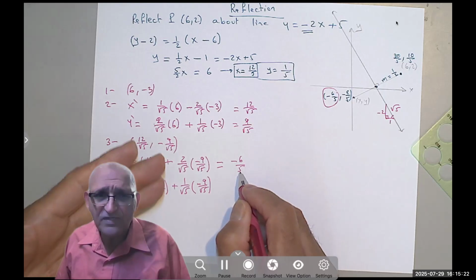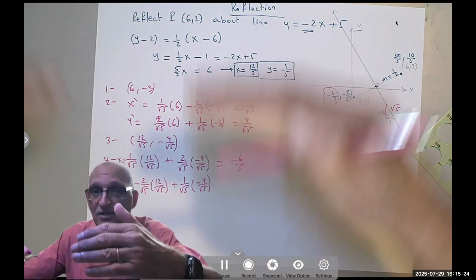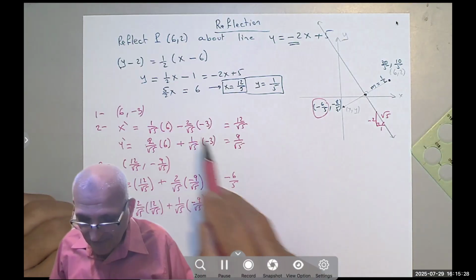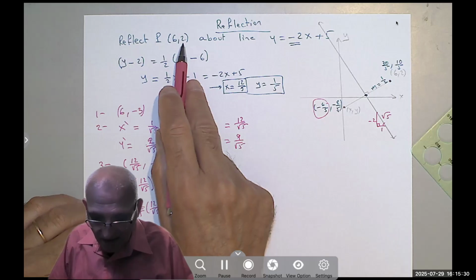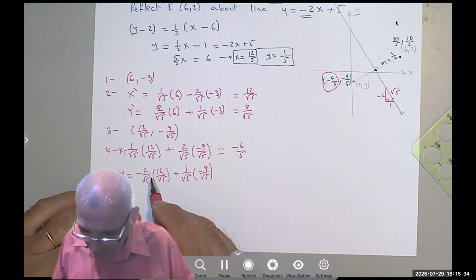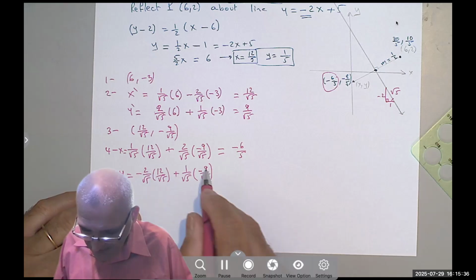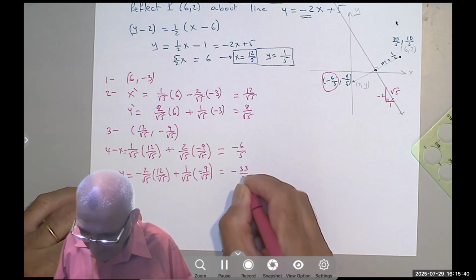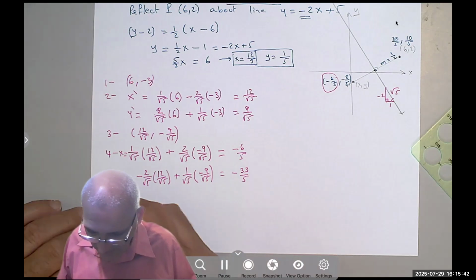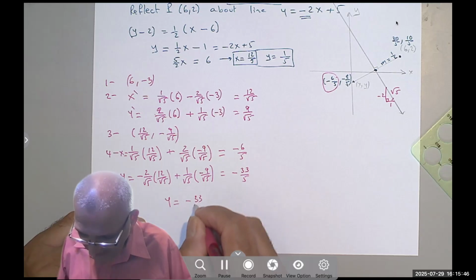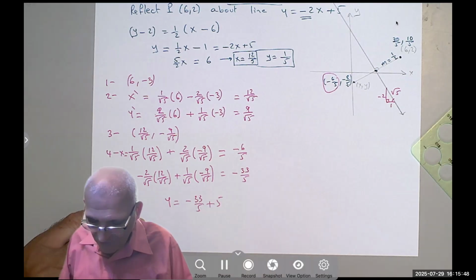Because we are not going to move the x, we are going to move the y, going to increase the y 5 units up because we decreased 5 units from the y in the beginning. Negative 24 minus 9 is negative 33 fifths. And finally, step number 5, the new y becomes negative 33 fifths, and we add our 5 units.